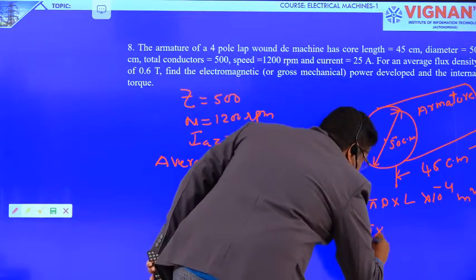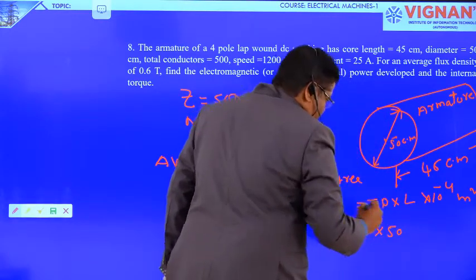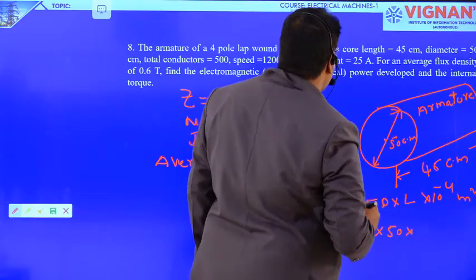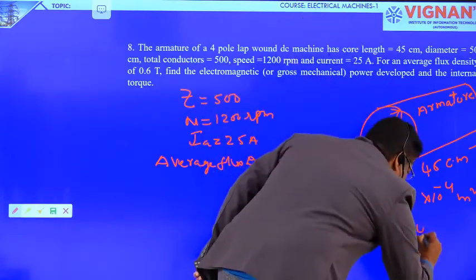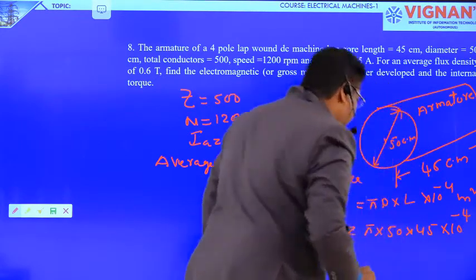Pi into D value, which is given as 50, into the core length, which is given as 45, into 10 to the power of minus 4.